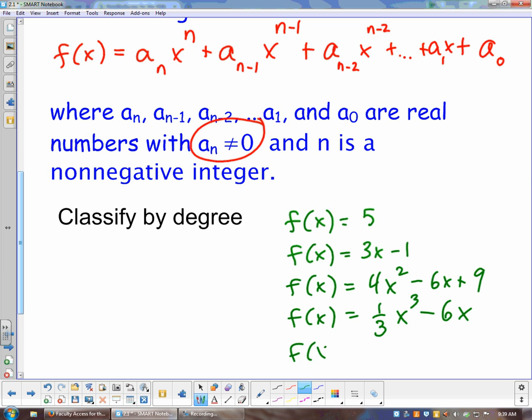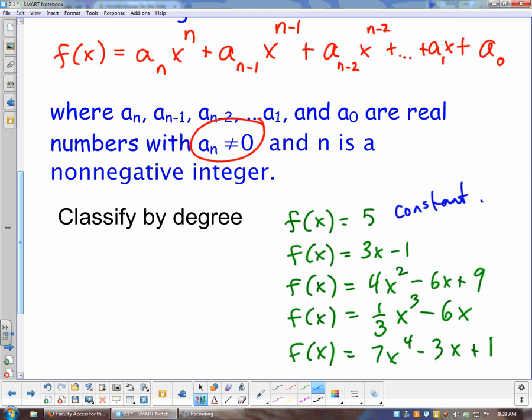For the first one, think of this as x to the 0, and x to the 0 is equal to 1. So if you see just a constant like this, then we call it a constant function.